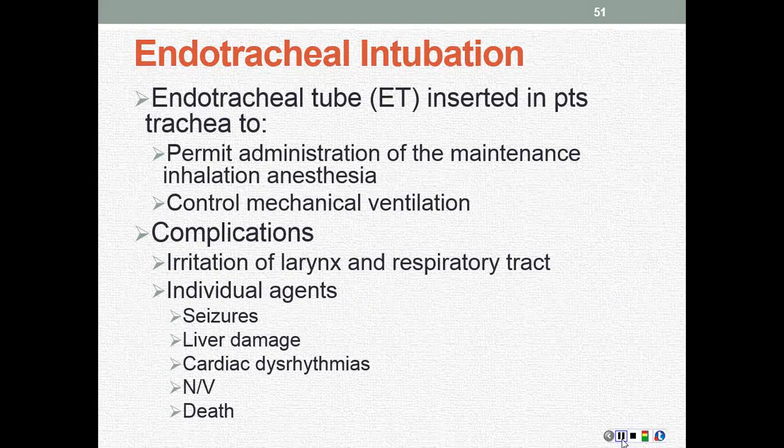Okay, this is done by your anesthesia people in the OR setting. The tube is actually inserted into the trachea. There's a bulb on the end of it that we blow up, like a Foley bulb, right? And it blocks off the trachea so that if the patient does vomit, they don't aspirate.